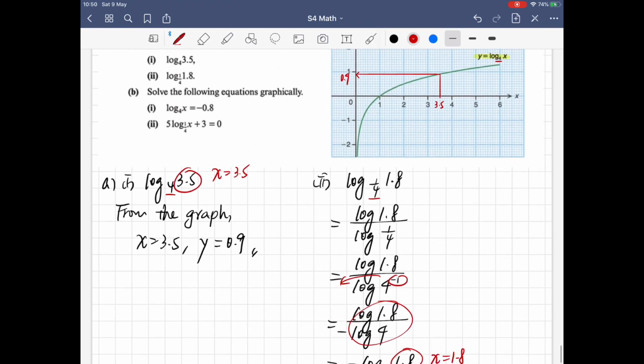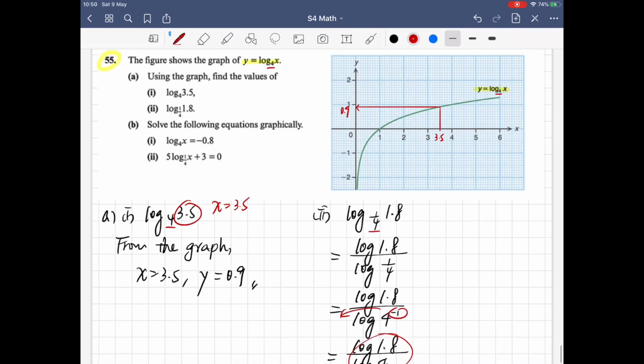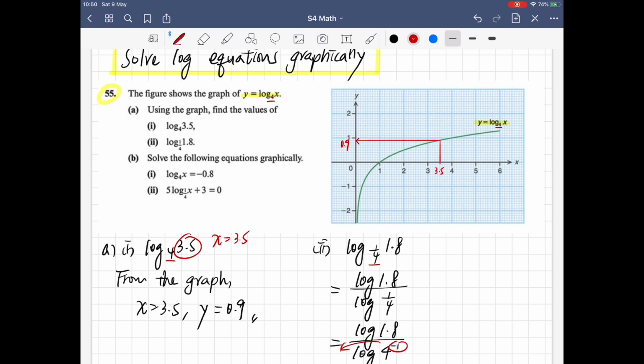And go back to the figure. Okay, so for 1.8, we can draw a vertical line, and afterwards draw a horizontal line, and we can see the result. That is 0.4.